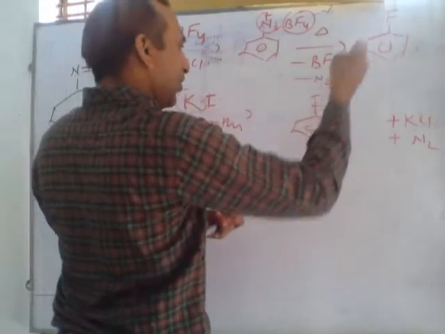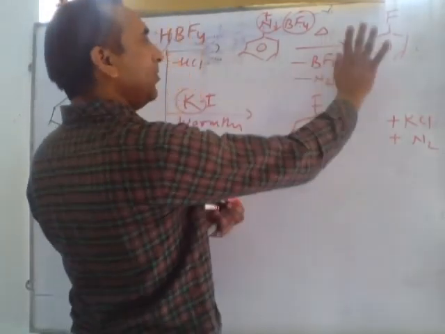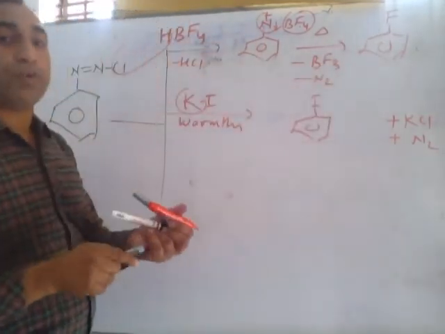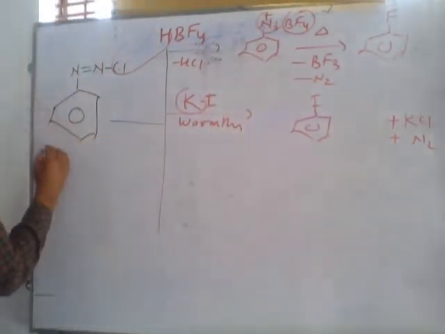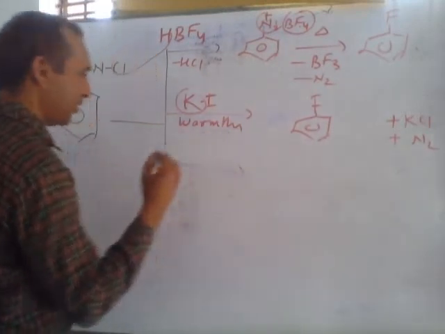These fluoro and iodo halobenzenes are formed in pure state. So this is a very useful method from BDC. This is BDC, benzene diazonium chloride. Next, listen.